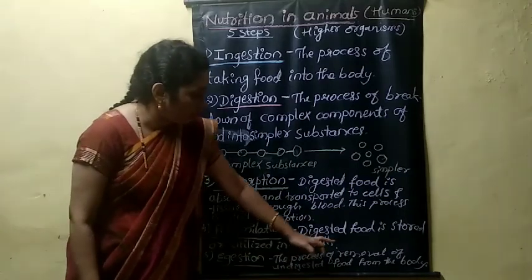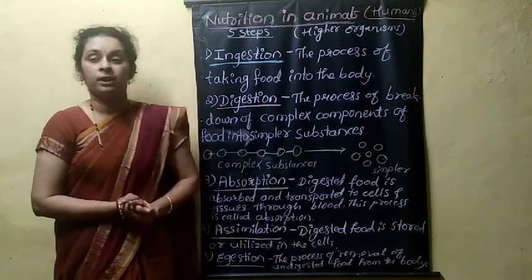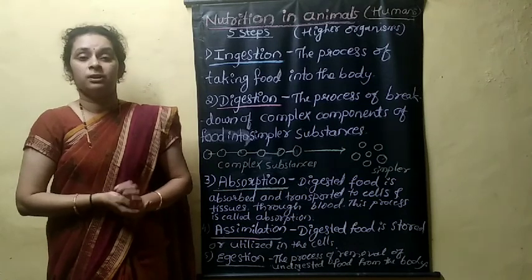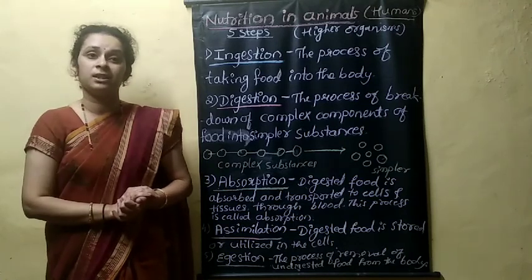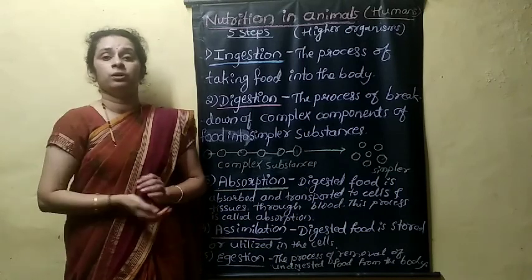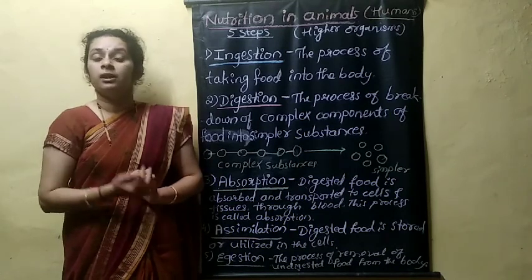The process of removal of undigested food from the body. The food that is not digested, undigested food. Some of the food items are not digested in the human body or other organisms. That should be removed periodically from the body. That is called egestion.